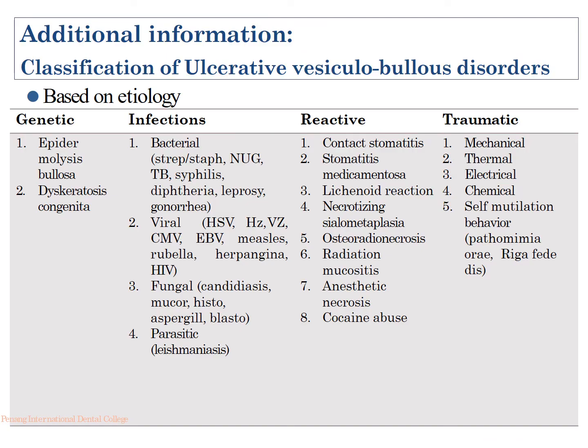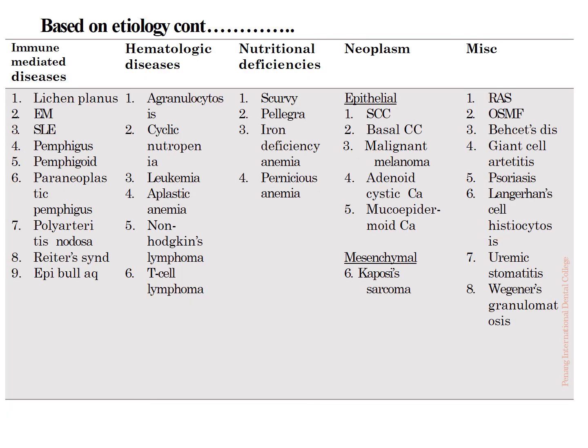So that nearly brings me to the end of this lecture, where I would be discussing additional information, that is, classification of ulcerative vesicular disorders based on etiology. They can be classified based on genetic involvement, infections, reactive lesions, traumatic lesions, or ulcerative vesicular disorders occurring due to immune mediated diseases, hematological diseases, nutritional deficiencies, neoplasms, or other miscellaneous reasons.